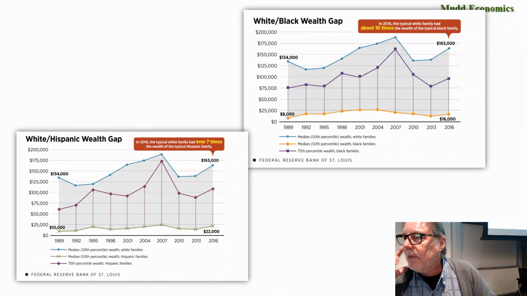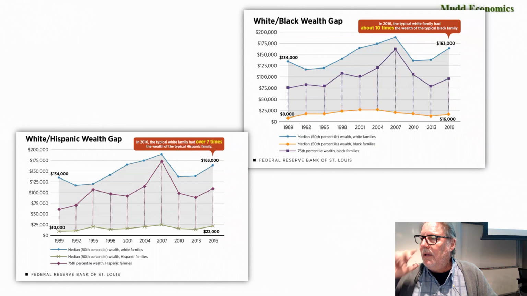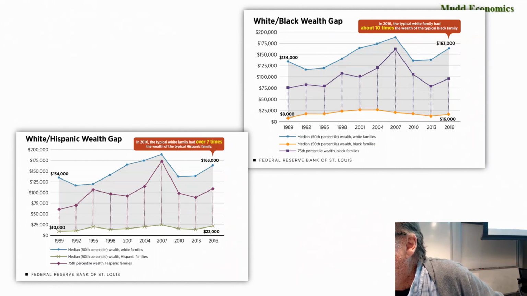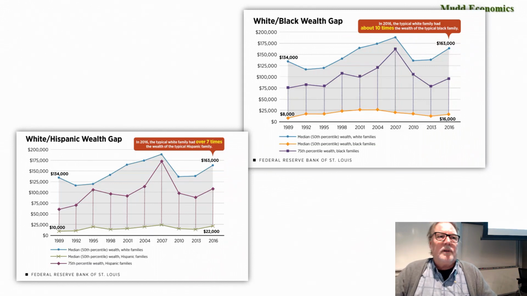Then when you take a look at the black-white wealth gap, at the very top you see that once again the white is before at 163, and the median for black is 16. It's even worse than Hispanic.